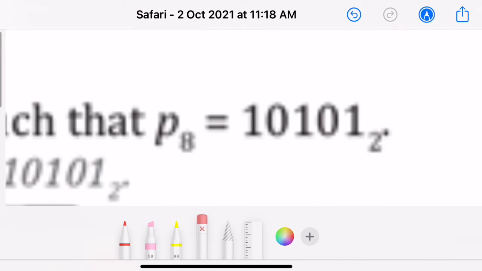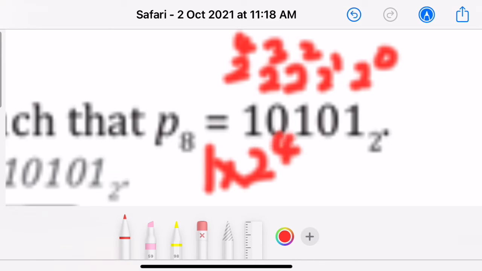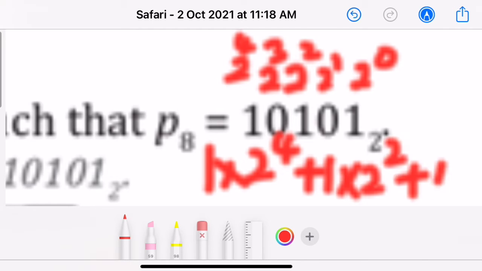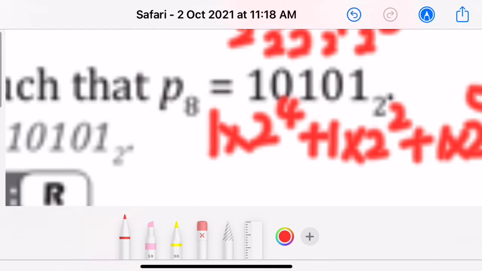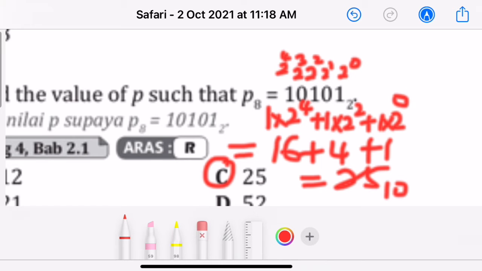So now I'm going to show you how to do it. This is 2 power 0, 2 power 1, 2 power 2, 2 power 3, 2 power 4. So we have 1 times 2 power 4, plus 1 times 2 power 2, plus 1 times 2 power 0. Meaning that we have 16 plus 4 plus 1, which is 21 in base 10, sorry.